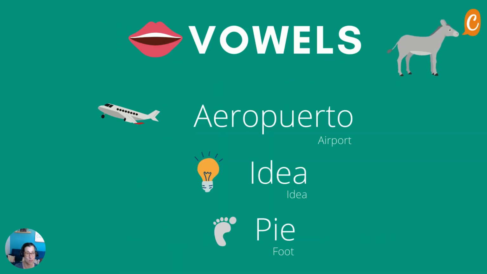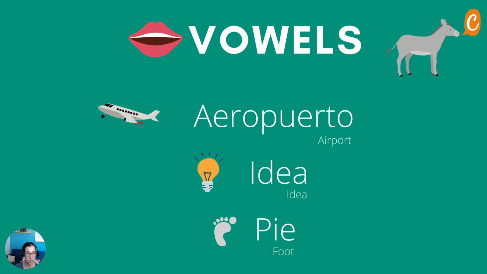So I'm going to show you some examples of these letters in words. We have aeropuerto, aeropuerto. Notice we don't join them, it's not "e", it's aeropuerto. So we pronounce each one of them, which means airport. Idea, idea, pie.